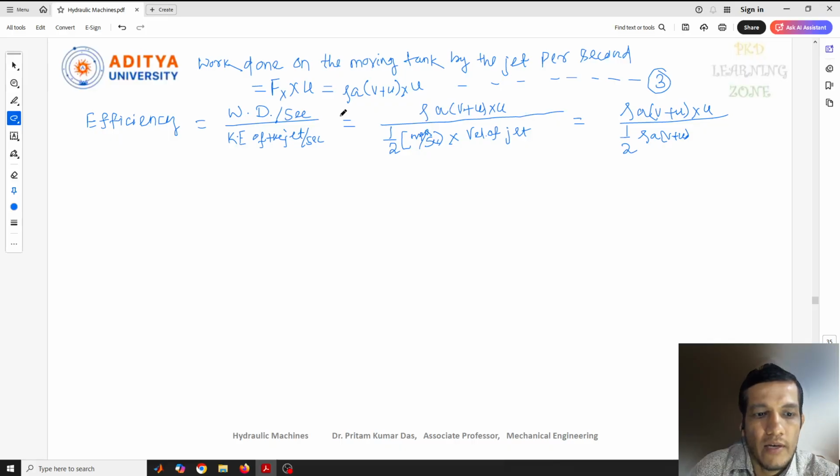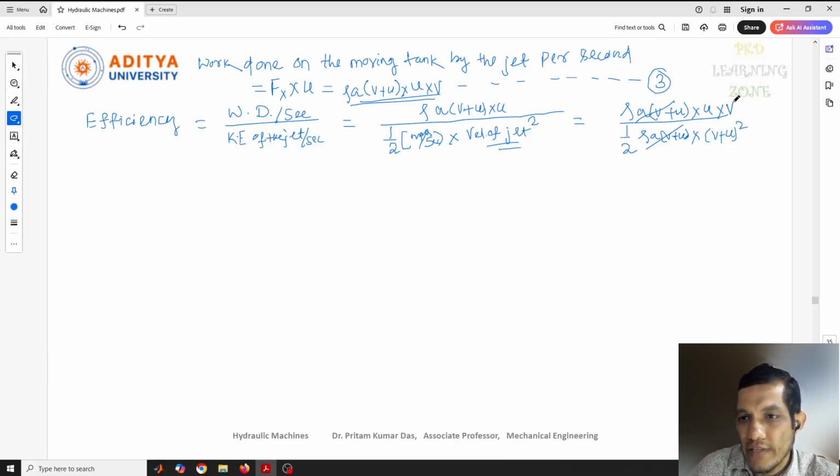Here in the work done, one more V is there. Here mass is rho A V plus U, and this is the velocity of the jet, half mv square, so velocity of the jet squared, which is V plus U squared. Now if you see, this term and this term will be cancelled, very simple.